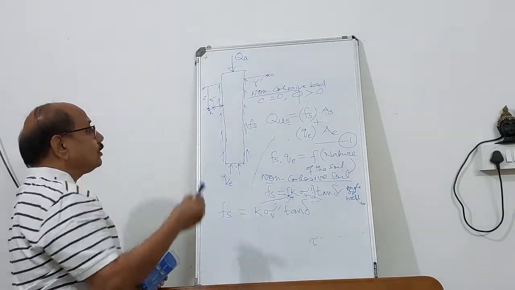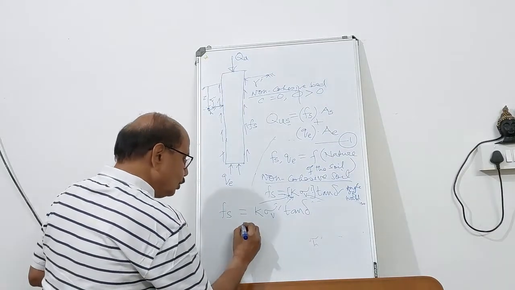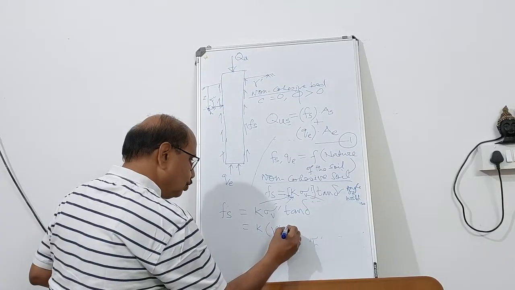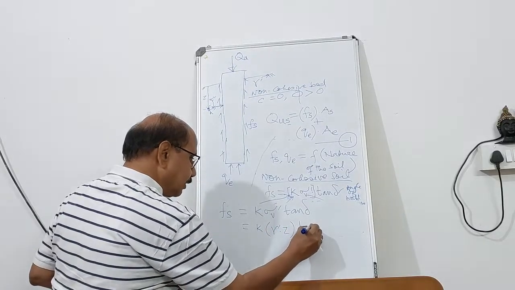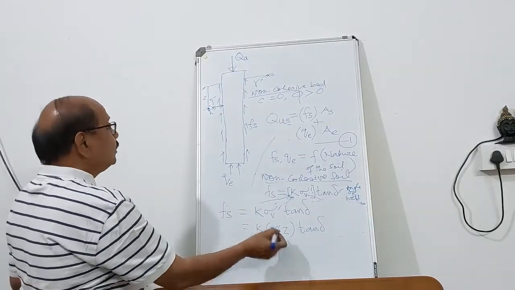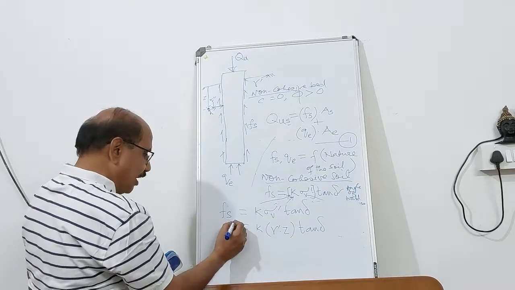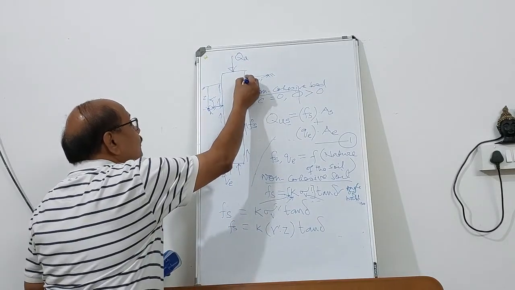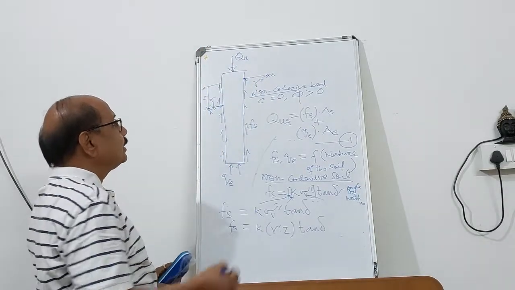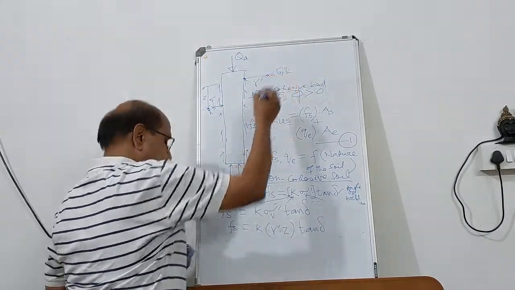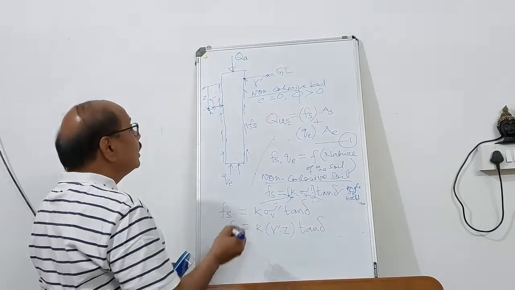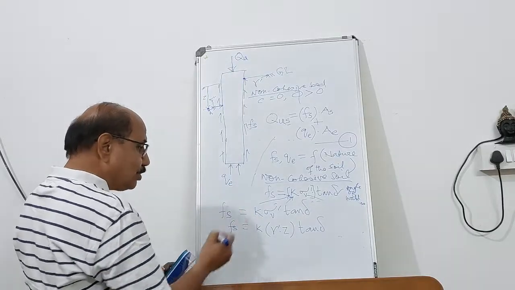Now what is the vertical pressure? Vertical pressure, as you know, is gamma prime into Z. Now, if Z is 0, the Fs value will be 0. So Fs will be 0 at the ground level. As you go down, the Z value increases, so the Fs value will also increase.